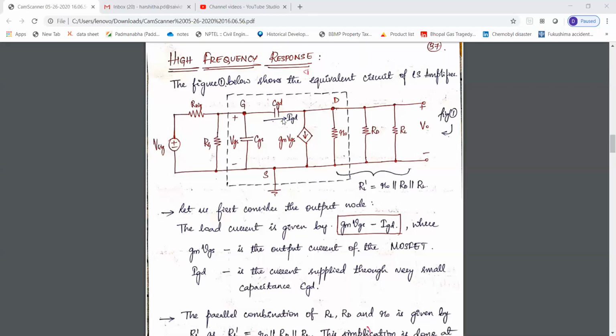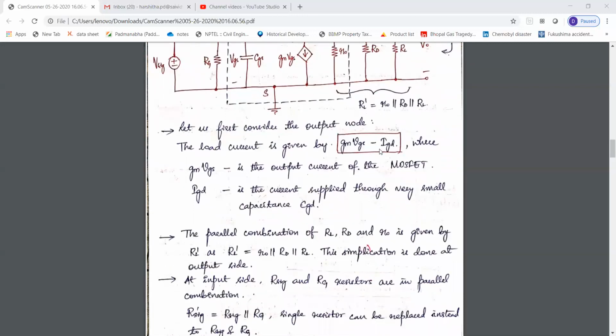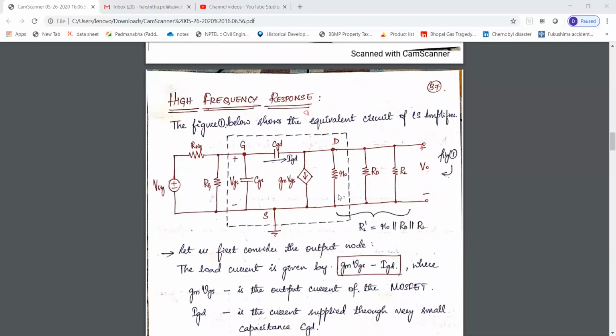And this IGD is the current that is flowing through the very small capacitor CGD. So the output current is given by gm into VGS minus IGD. This equivalent model is very complex, isn't it? So we can simplify it further.